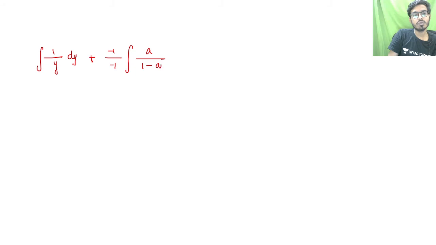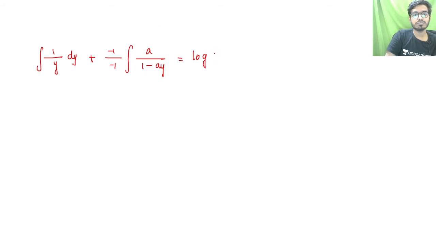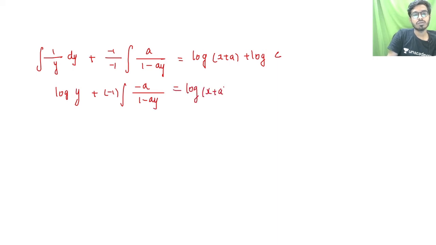Integral a divided by 1 minus ay is equal to log of x plus a plus log c, right? This is log y, very easy. Now what I'm doing is, I'm just keeping minus 1 here and I'm taking 1 minus inside. So we will have minus a divided by 1 minus ay is equal to log of x plus a plus log c, right?